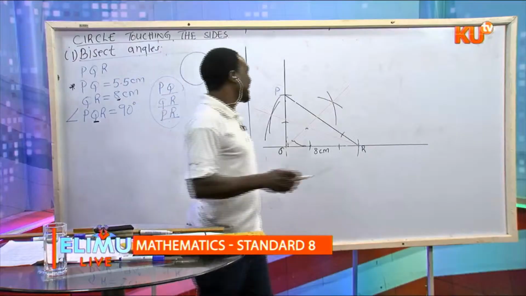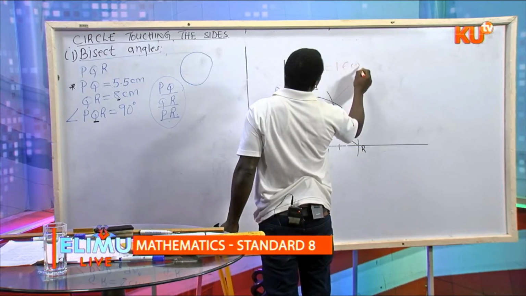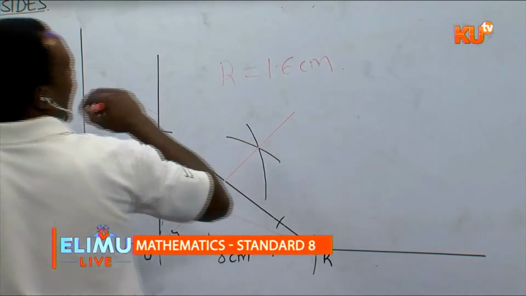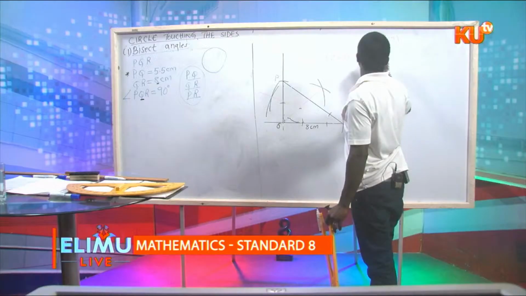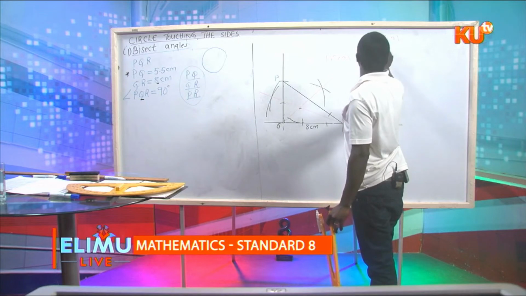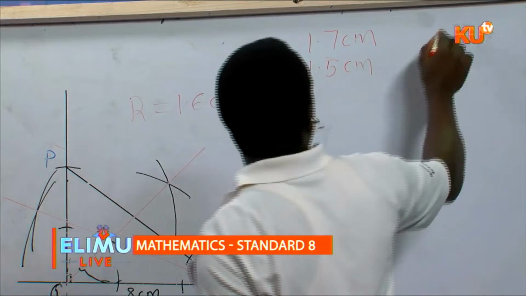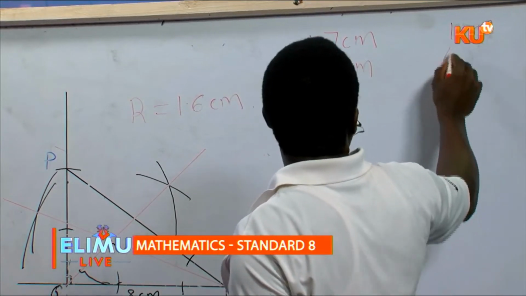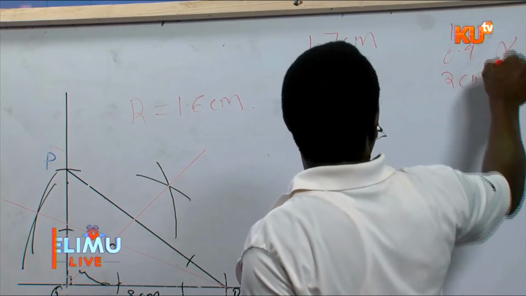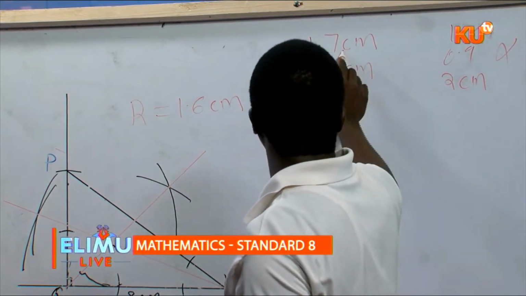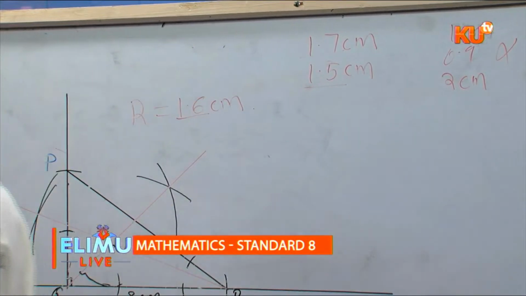So our radius here will be 1.6 centimeters. Yours at home can be 1.7 centimeters or 1.5 centimeters. It should not go to 1 centimeter or 0.9 or 2 centimeters. Those are wrong. But you can get 1.7, 1.5, and 1.6.